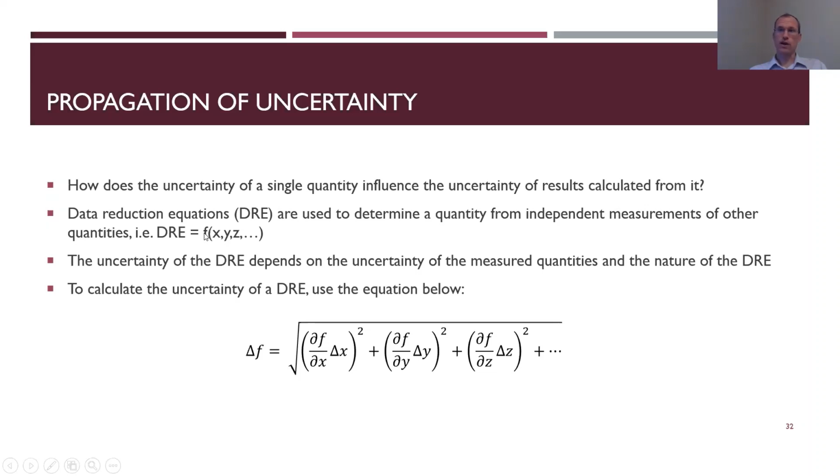Take the partial derivative with respect to x and multiply it by the uncertainty in x. That's your first term. Take the partial derivative with respect to y, multiplied by the y uncertainty. Same thing for z, and anything else. Again, like the previous slide, square all those, take the square root, and that's your total uncertainty.